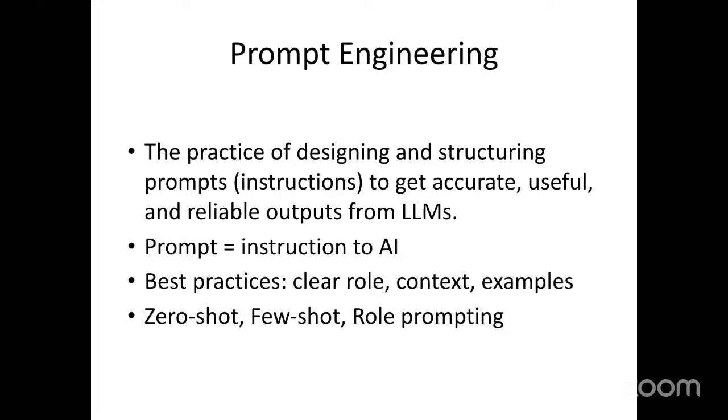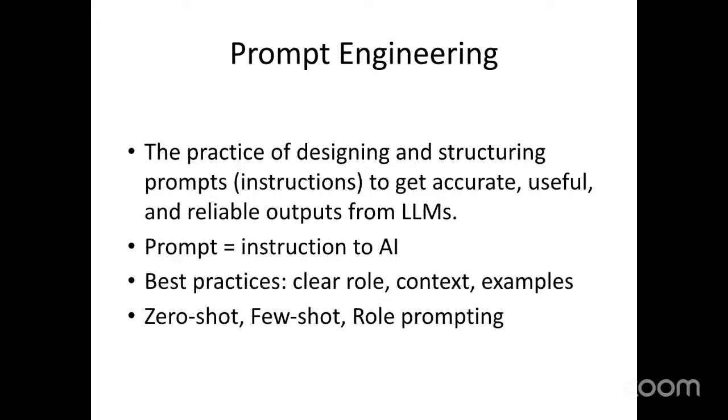If I define prompt engineering, it is the practice of designing and structuring prompt instructions to get accurate, useful and reliable output from the LLM. Suppose you say, what is the weather today? It is not aware of where you are residing.